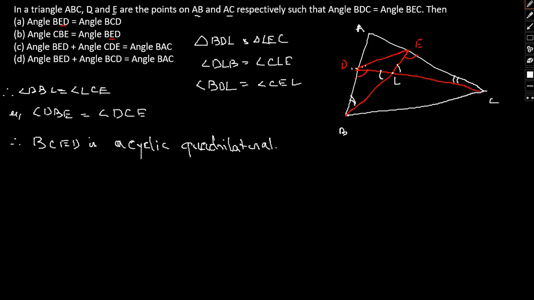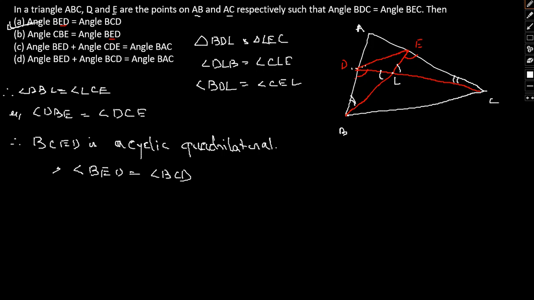This is common, so it is a cyclic quadrilateral. Which further proves that angle BED will be equal to angle BCD. So BED equals BCD, option A. Option A is the correct answer. I hope this is clear how we came about with the selection of the same.